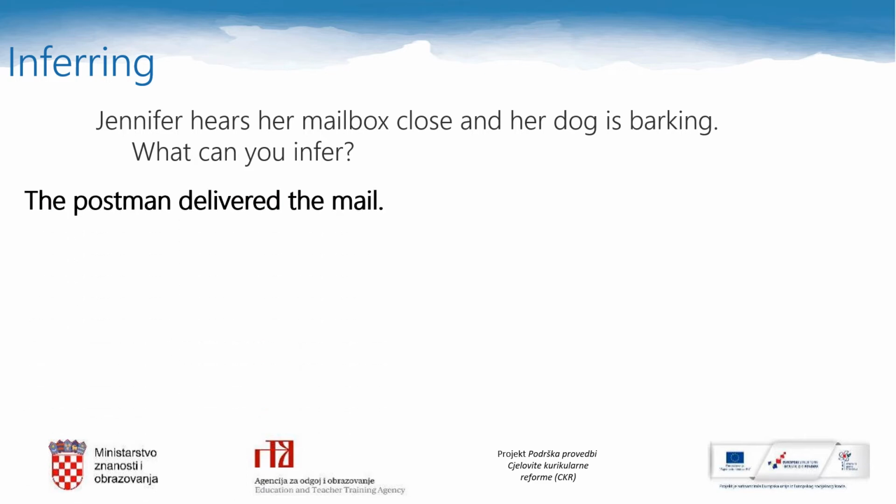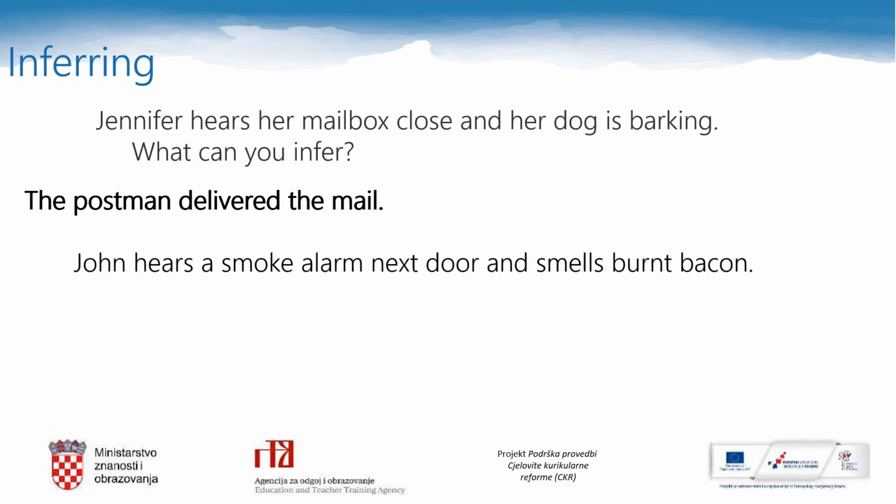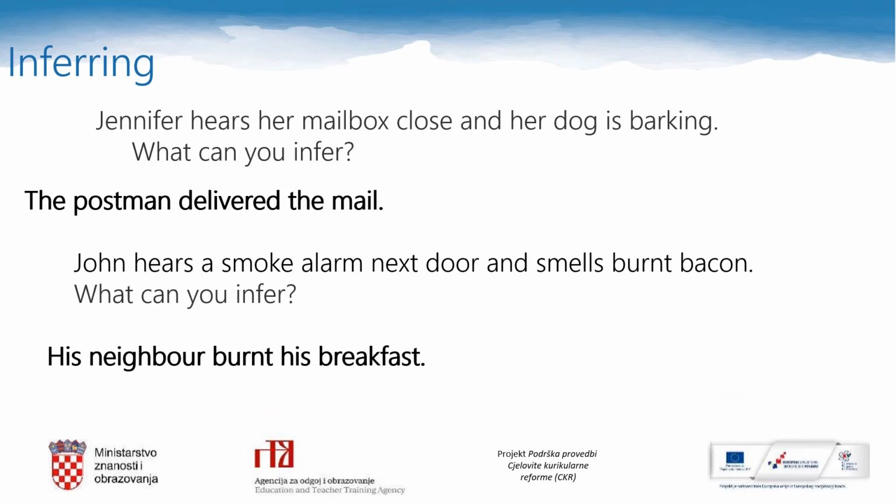The postman delivered the mail. All right, let's do another one. John hears a smoke alarm next door and smells burnt bacon. What can you infer? Take a moment, think about it. And this is what I have inferred. His neighbor burned his breakfast.